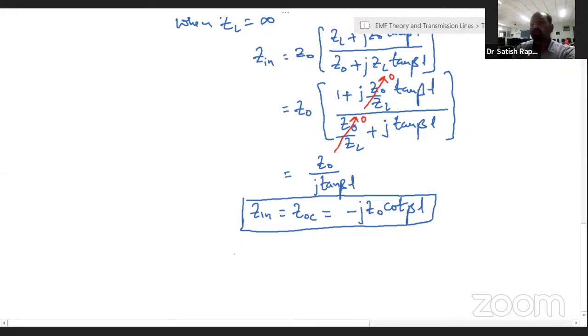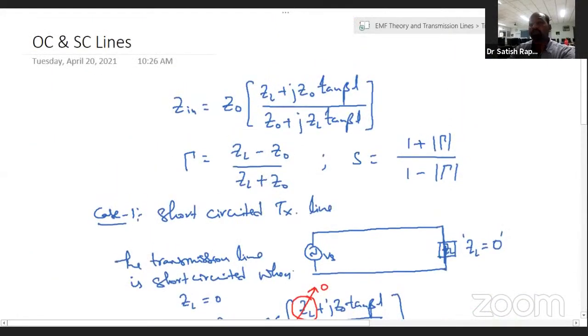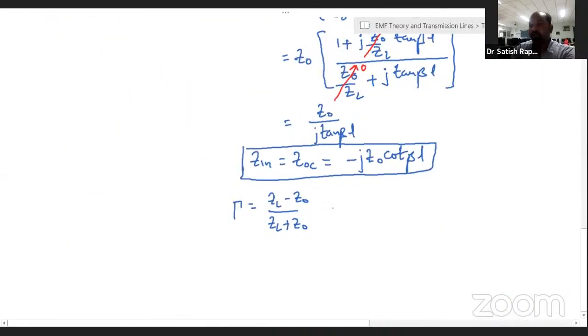Similarly, reflection coefficient. What is reflection coefficient? It is equal to (ZL minus Z0) divided by (ZL plus Z0), which we know. Let me take ZL common here also. I will get (1 minus Z0 by ZL) divided by (1 plus Z0 by ZL).